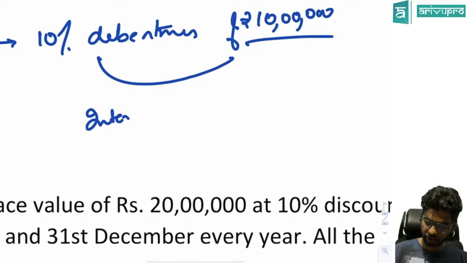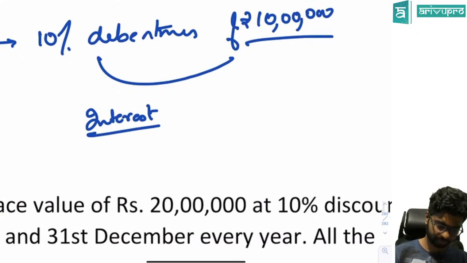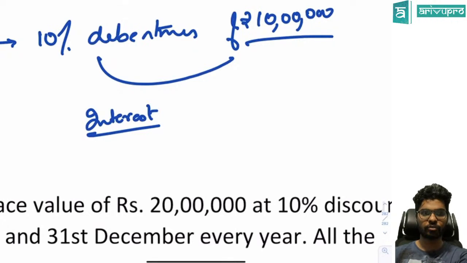How much interest do you have to pay every year? 1 lakh. What's the journal entry for payment of interest?